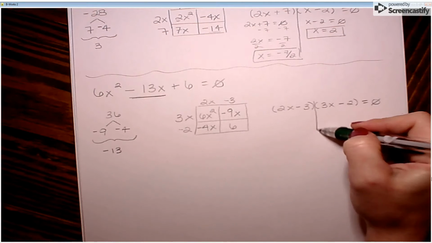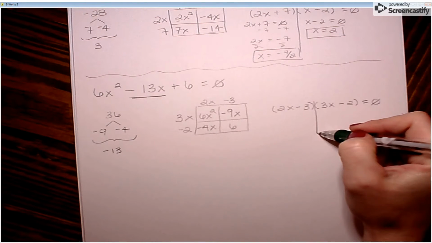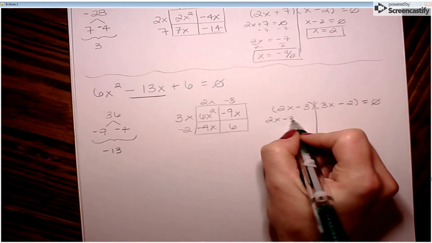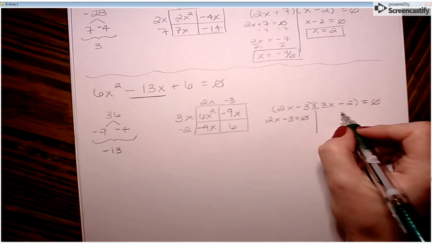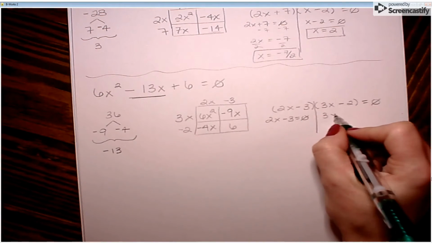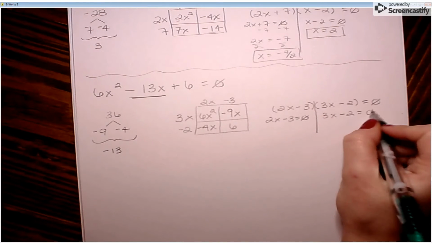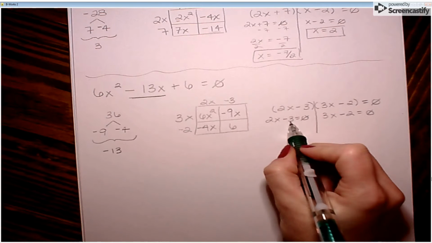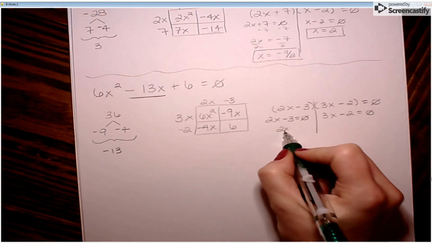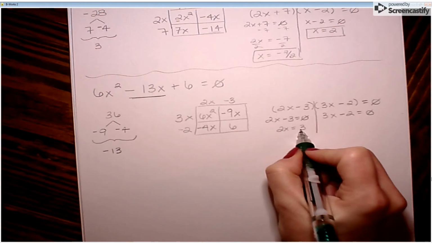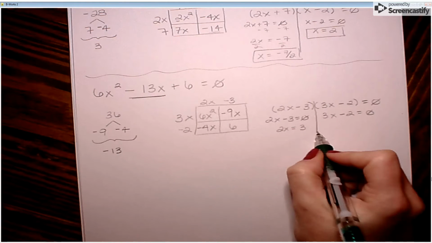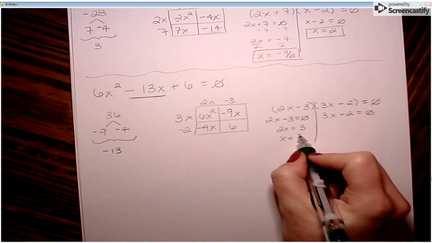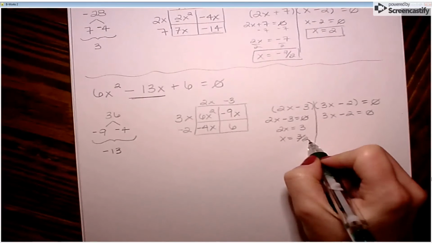Since these are the only two factors I'm dealing with, these are the two things we need to solve for x, and figure out what value of x makes each of these equal to 0. In this case, I'm going to add 3 to get 2x by itself, and then divide by 2 to get x being equal to positive 3 halves.